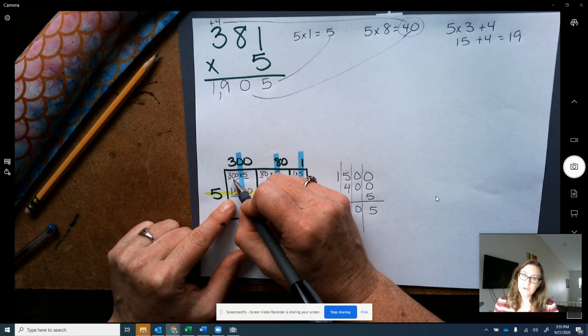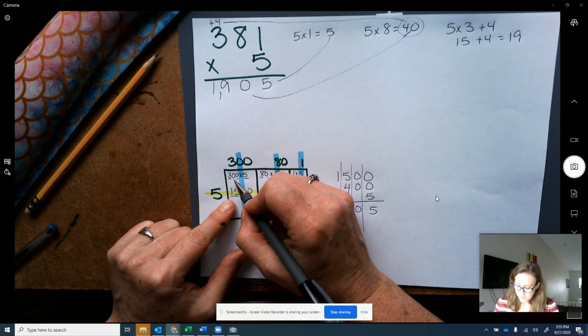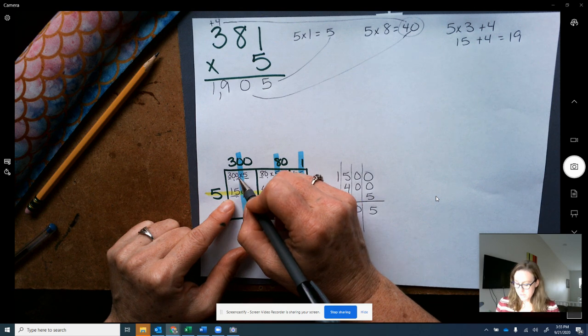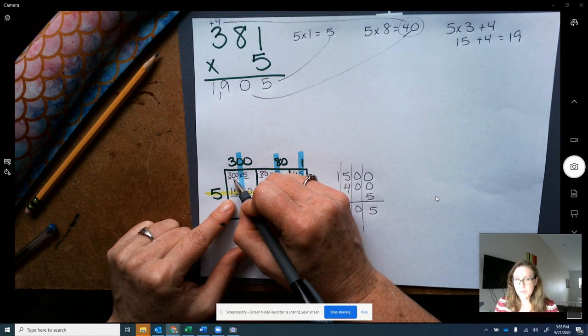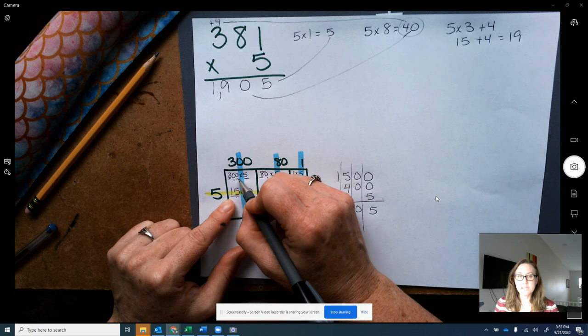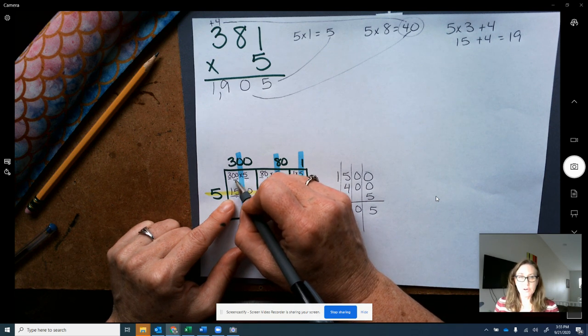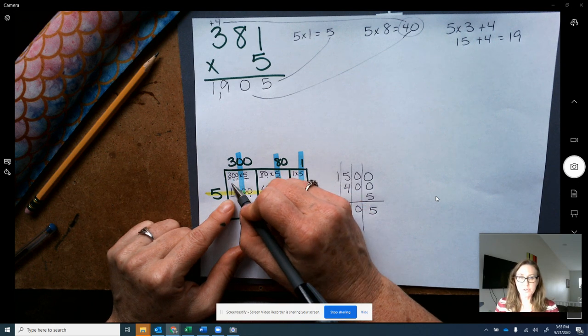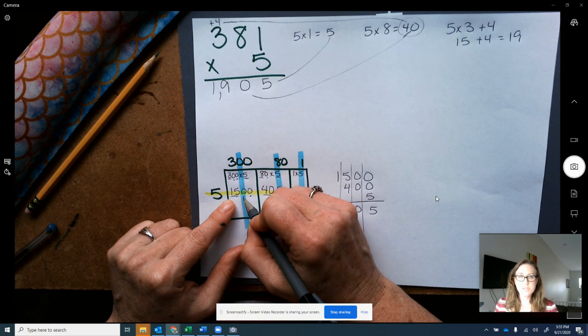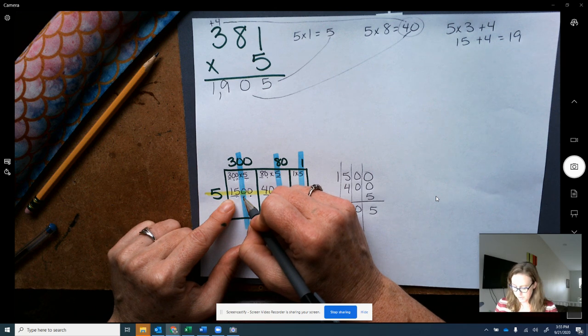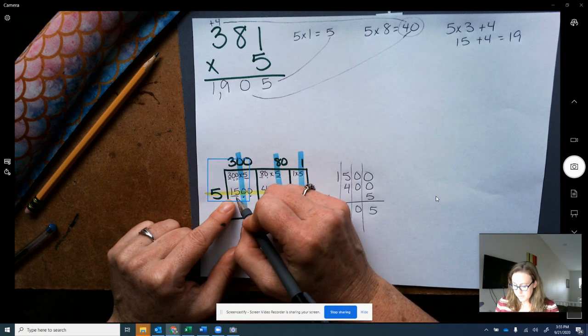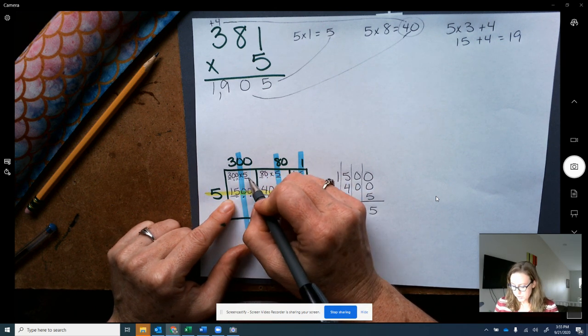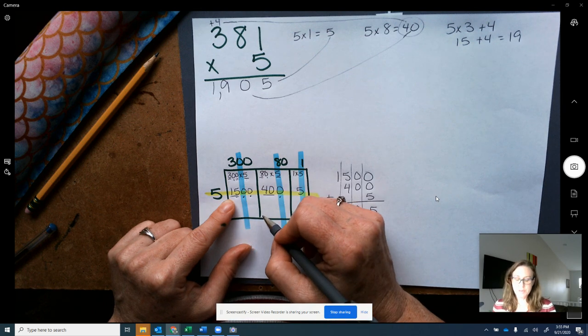Now the question wasn't actually 3 times 5. The question was 300 times 5. So we pushed that 3 over by 2 place values. These zeros are place value pushers. And since they're here, they also belong down here. So there are 2 zeros. We have to put 2 zeros down here to push the place value. So 3 times 5 is 15, but 300 times 5 is 1,500.